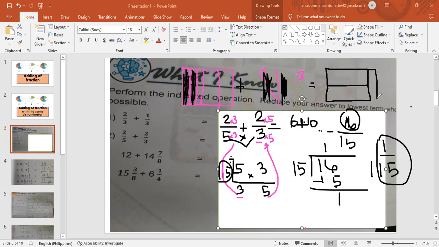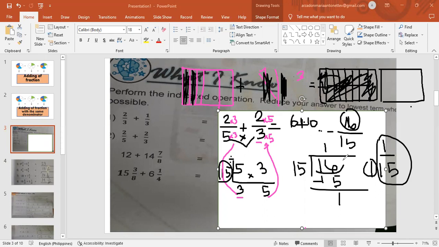There are 15 parts. 1, 2, 3, 4, 5, 6, and 7. Let's see. 1, 2, 3, 4, 5, 6, 7, 8, 9, 10, 11, 12, 13, 14, 15. 15 parts. So, meaning of this one, look, that is already the whole rectangle shaded. Okay?